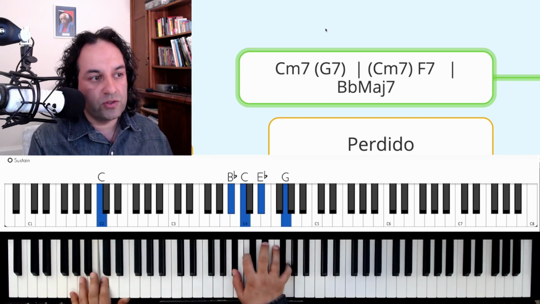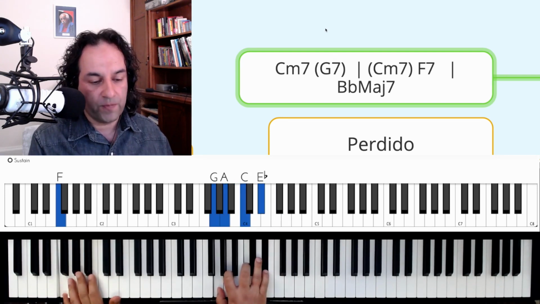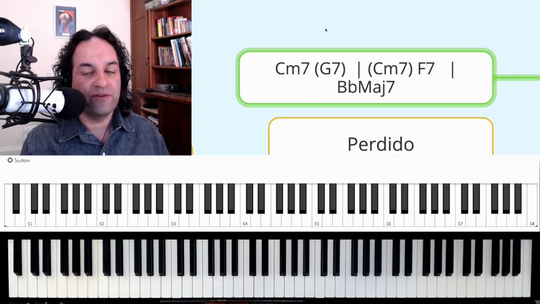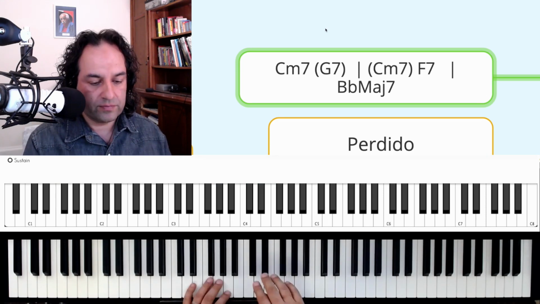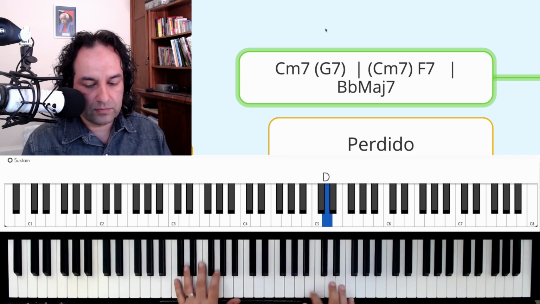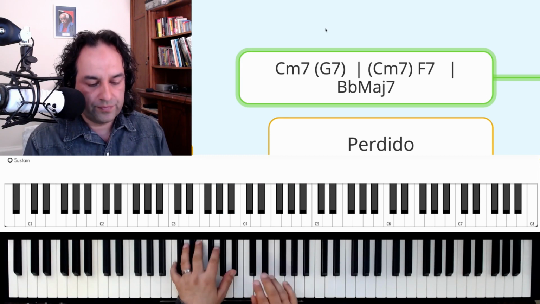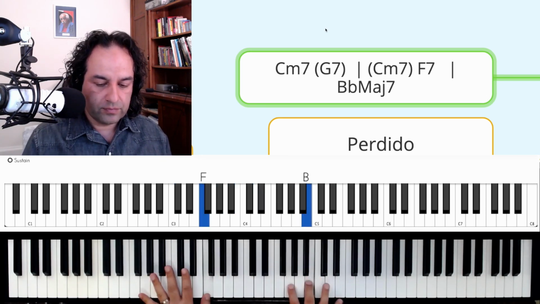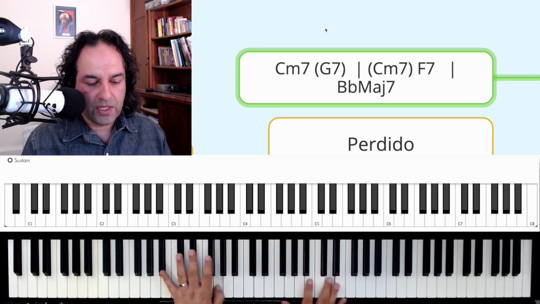So 1, 2, 3, 4, 1, 2, 3, 4. That can bring out some lovely improvisation lines as well. Let me just improvise a few so you get the idea. Let me try another one. So what's going on?